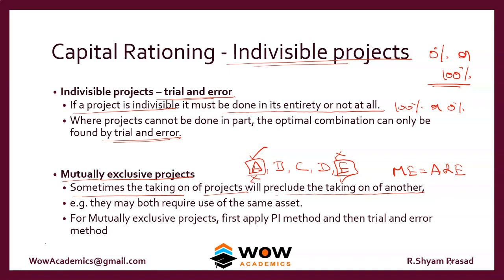That is what we call mutual exclusivity. If you have a mutual exclusivity problem, then you first work out the PI method, then use the trial and error method. Then only will you get the answer.